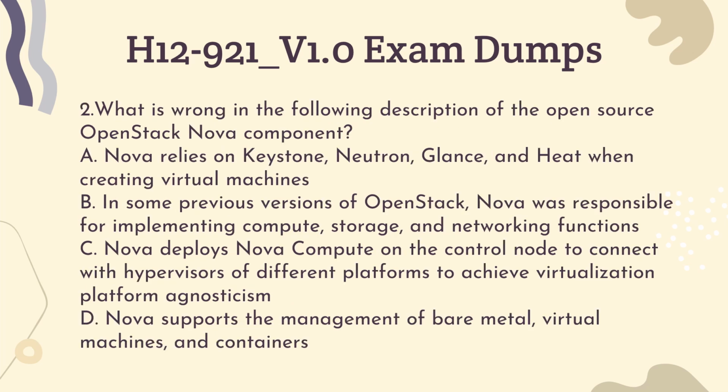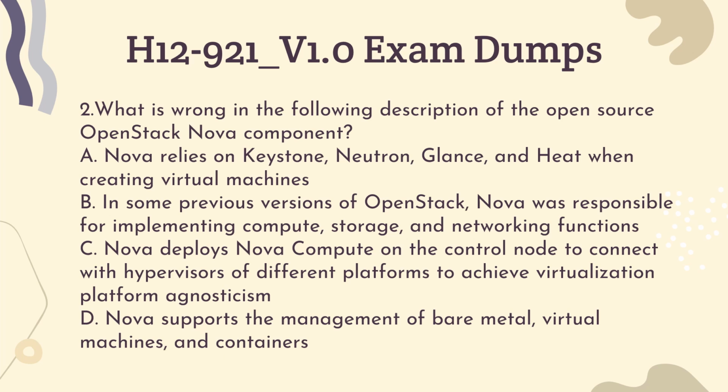2. What is wrong in the following description of the open-source OpenStack Nova component? A. Nova relies on Keystone, Neutron, Glance, and Heat when creating virtual machines. B. In some previous versions of OpenStack, Nova was responsible for implementing compute, storage, and networking functions.